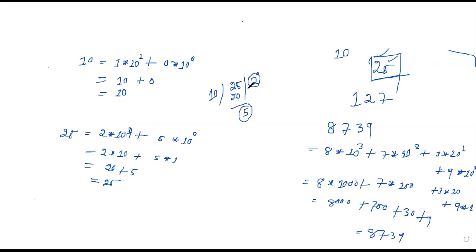You see, if I divide any integer, any positive number by 10, then the quotient will be this and the remainder will always be the unit position.